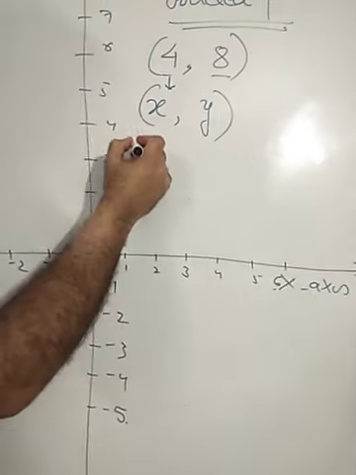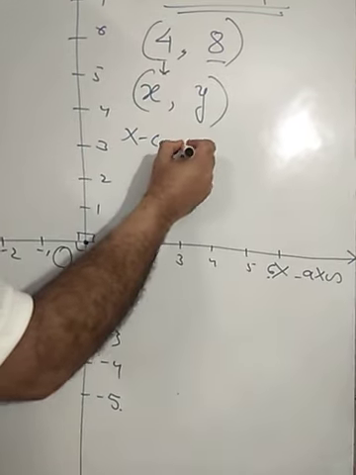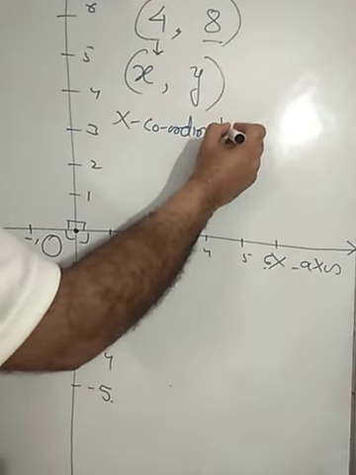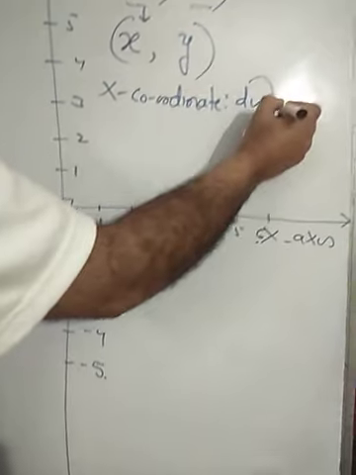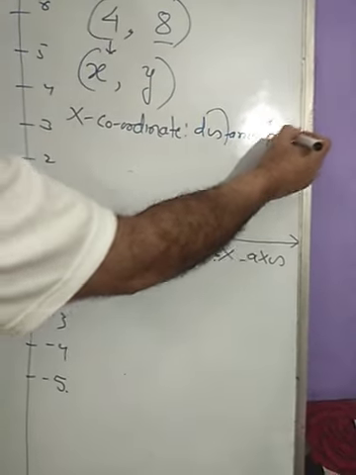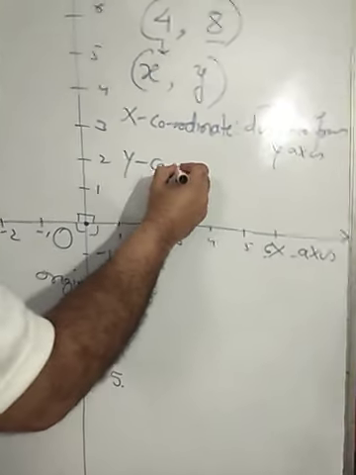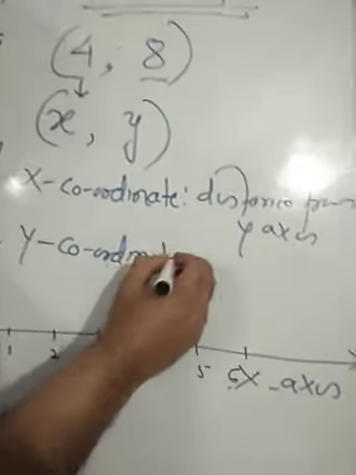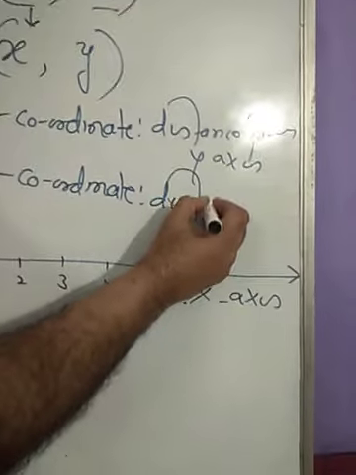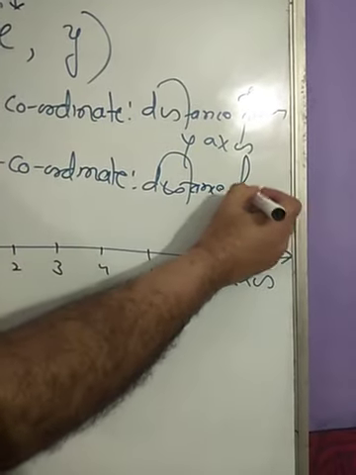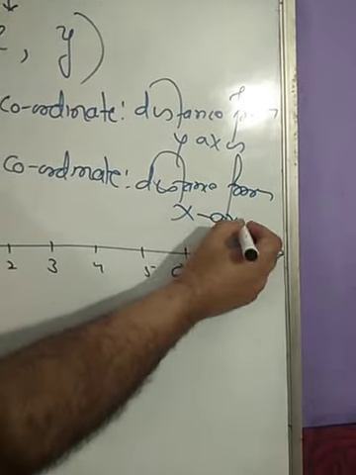X coordinate means distance from the y-axis, and y coordinate means distance from the x-axis. Remember this always.